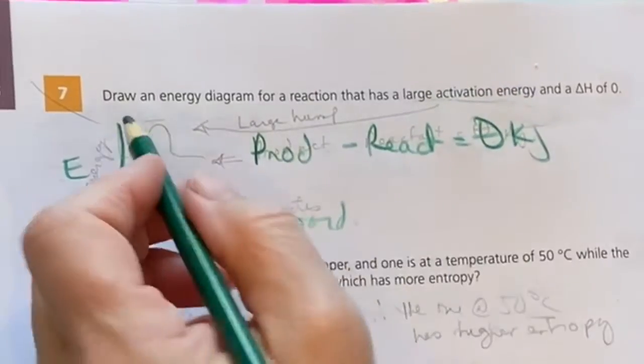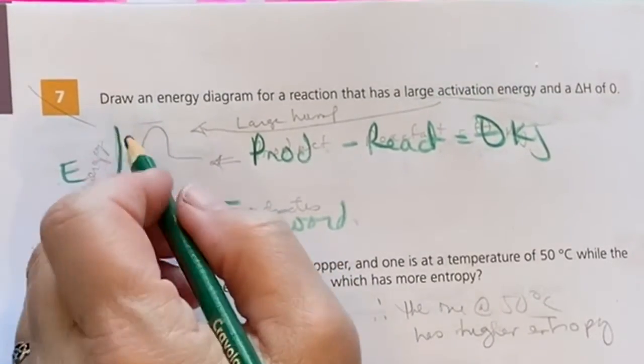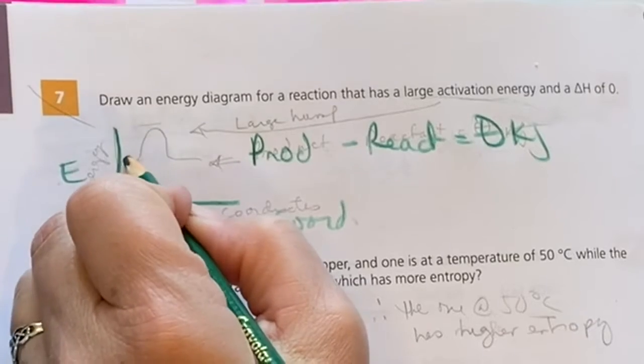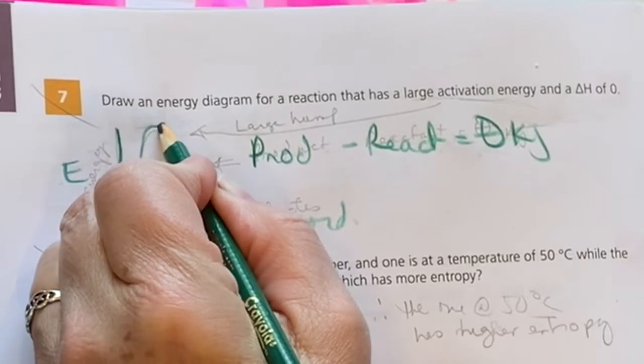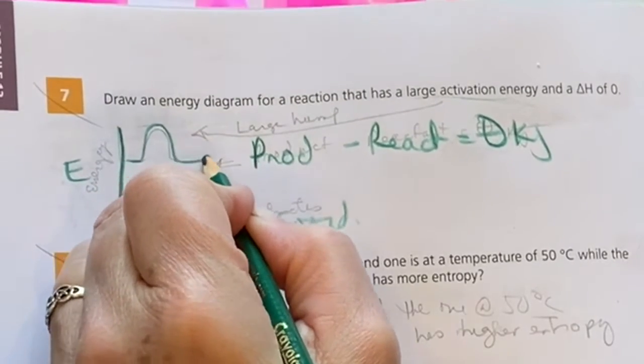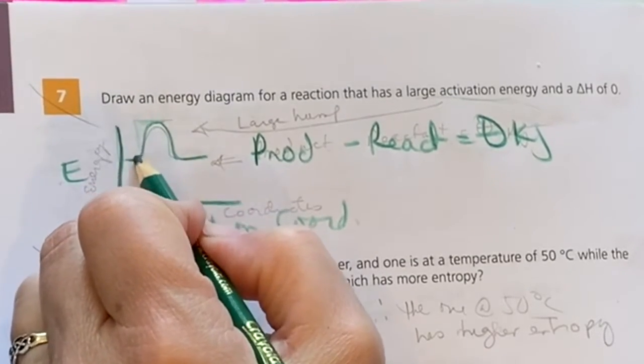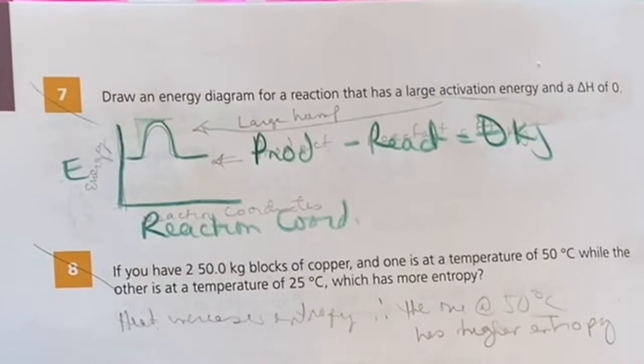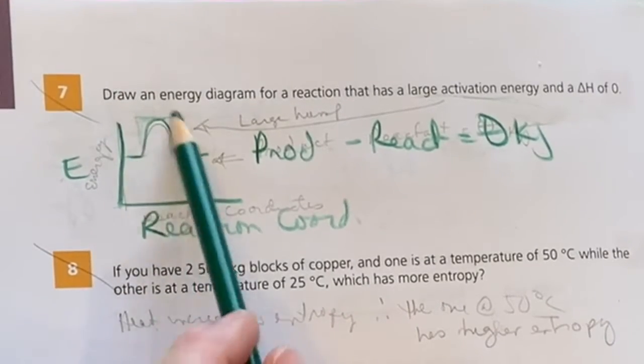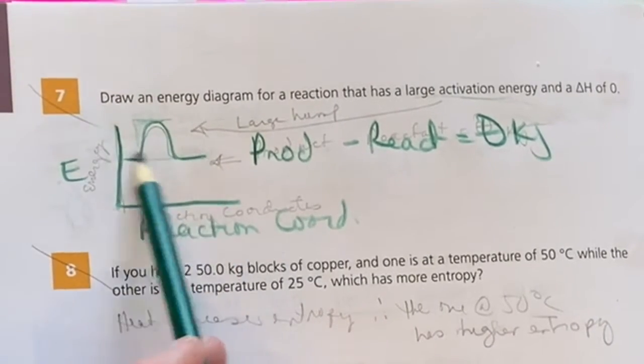So we have to start where we end. So if we start here, we have a large activation energy, and then we end at the same spot. The activation energy, remember, is what it takes to get the ball rolling, and that has to be large. So the hump is very large, but it ends where it starts.